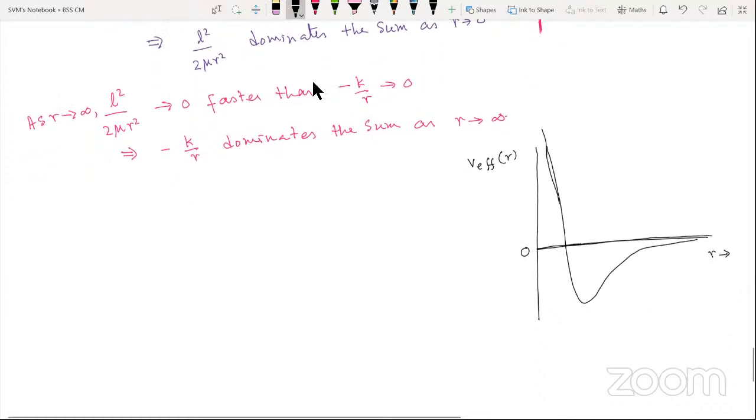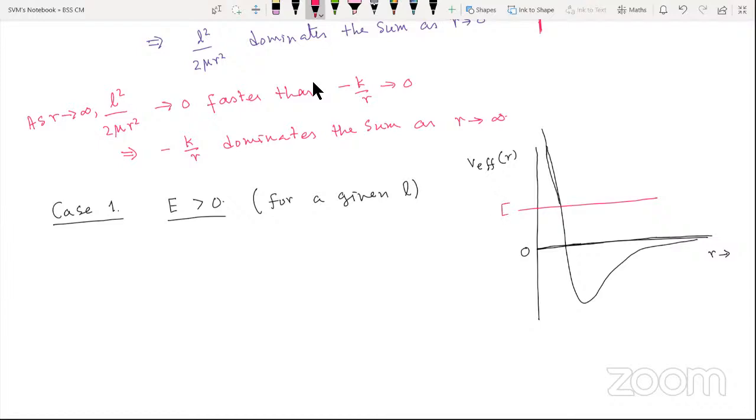Now, let us try to consider a situation where, let us say I consider case 1, where the energy E is greater than 0. Of course this is true for a given value of L. For a given L, E is greater than 0. Now this E greater than 0, let's say corresponds to some value here. Let's say this is E1.